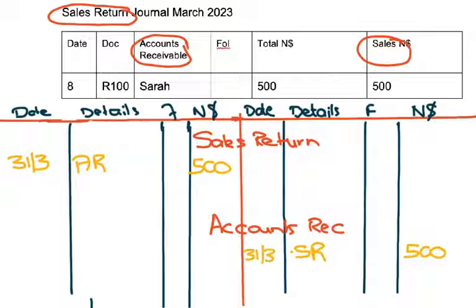Now we can quickly look at the account names and the details. My details in the sales returns refer to my contra account, accounts receivable. My details in the accounts receivable refer to my other account, which is sales returns.